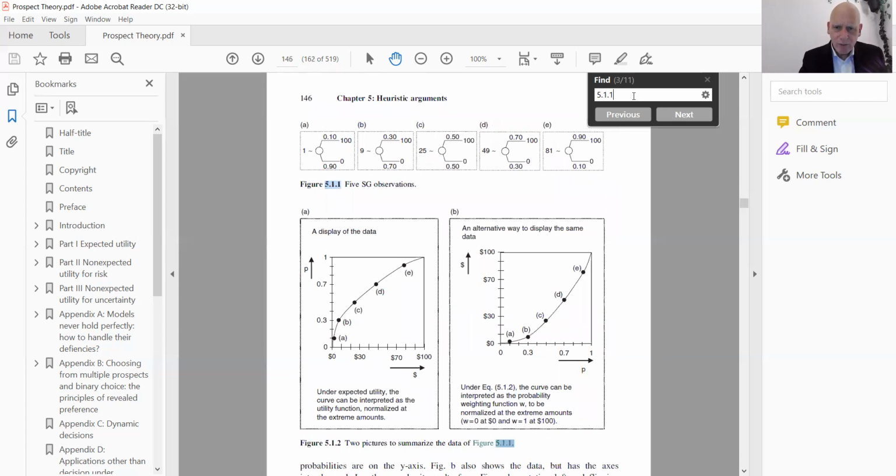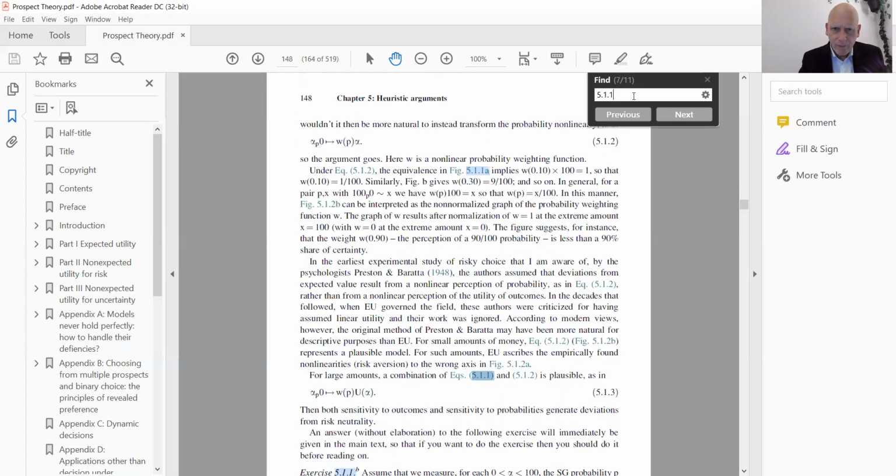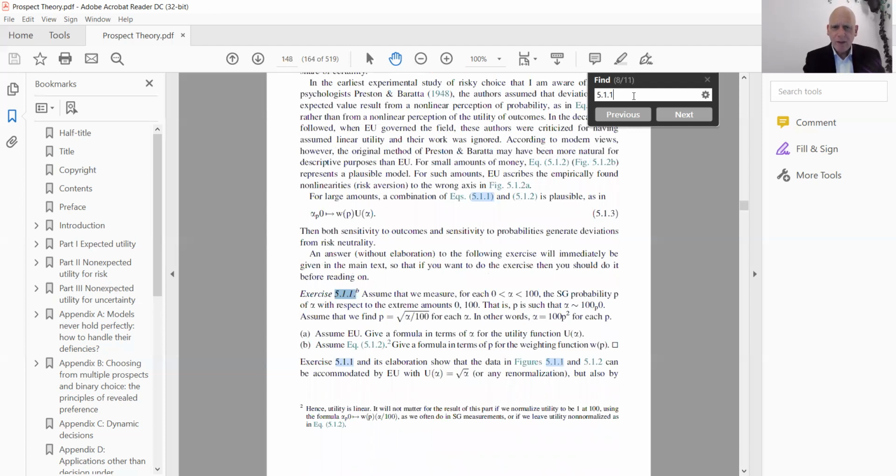Exercise 5.1.1, I want to turn to. Here we assume we have a particular data set, a bit of a poor data set, with only the prospects with one non-zero outcome. And we assume we have risk aversion of a particular kind described in the exercise.